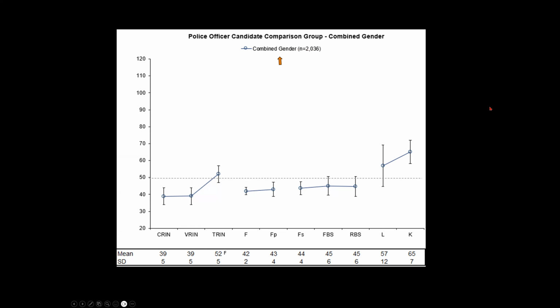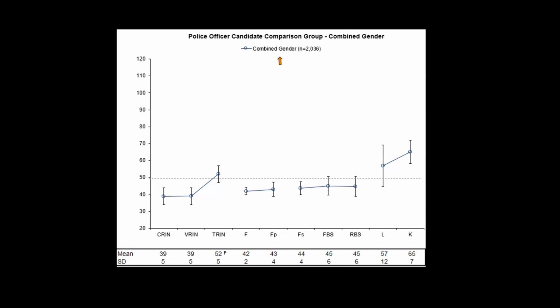So again, these are all individuals who've already gone through background investigations and any kind of a non-psychopathology focused assessment designed to identify them as potential candidates who have received conditional offers of employment from the agency that's referring them for the evaluation.